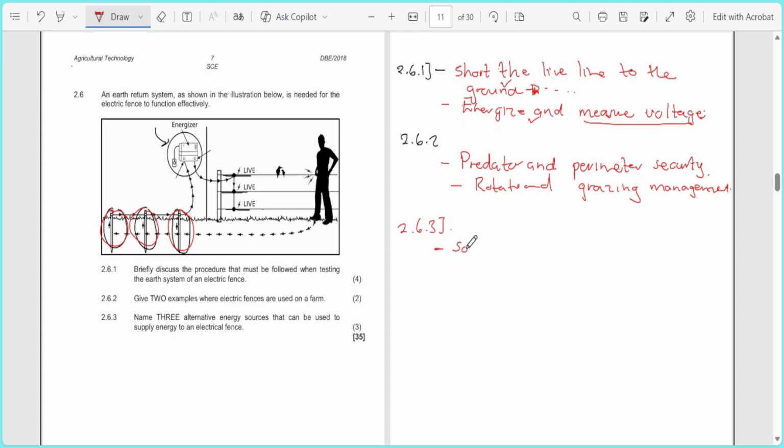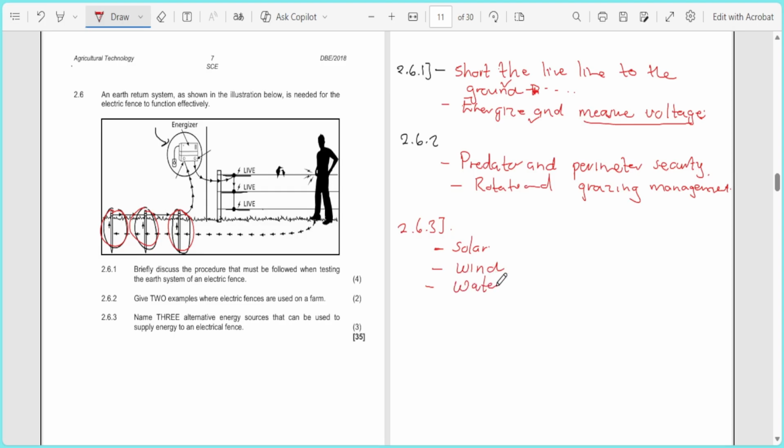I'm thinking solar. I'm thinking wind energy, right? I'm saying it's easy, but now I'm stuck. I can only think of 2. What about hydro? I think hydro should work.